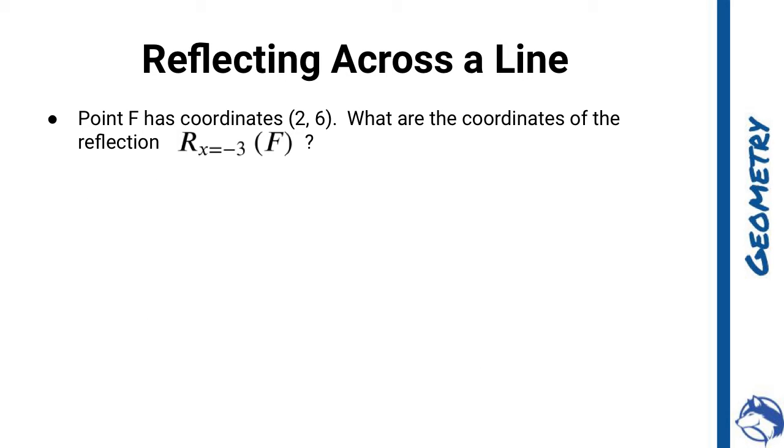Point F has the coordinates 2, 6. What are the coordinates of the reflection over the line x equals negative 3? Well, I like to draw out a picture of this.